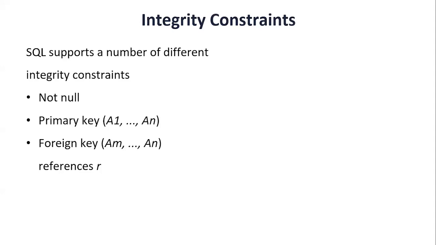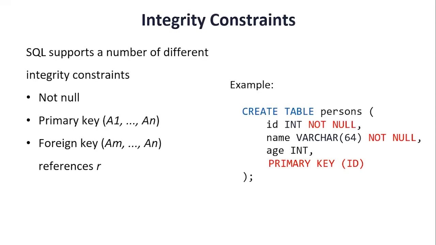We can specify a particular column as not null. So that basically means the column should not have null values or empty values. And then we can define the primary key for a certain table as well as foreign keys. So this is how we can apply these integrity constraints.